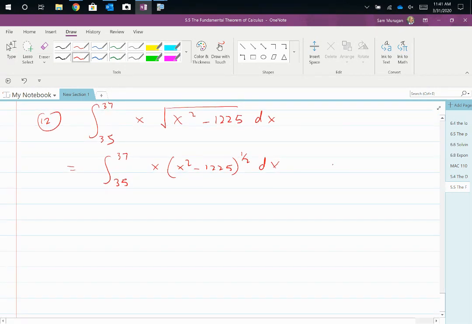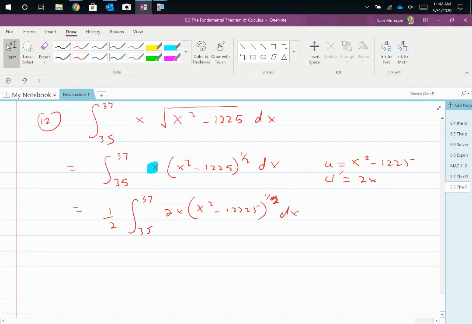Notice that if u is equal to x squared minus 1225, u prime is equal to 2x. So we have to manufacture a 2x here. So this is 1 over 2, 37 over 35, 2x, x squared minus 1225 to the power half dx.